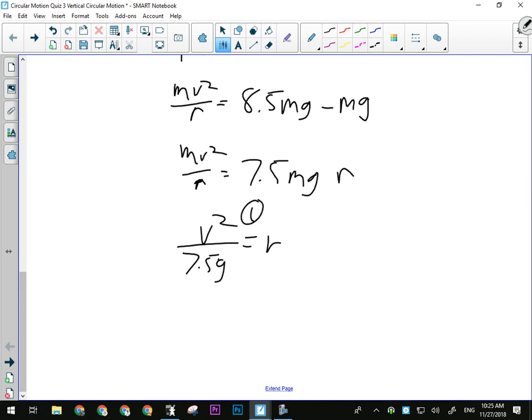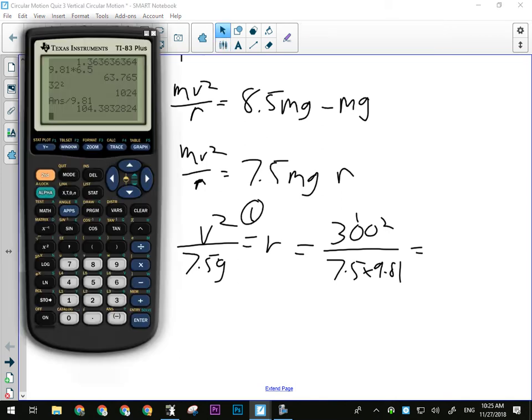Plugging in our numbers here, we're going to have 300 squared divided by 7.5 times 9.81.